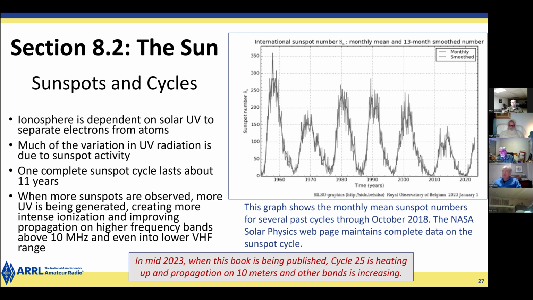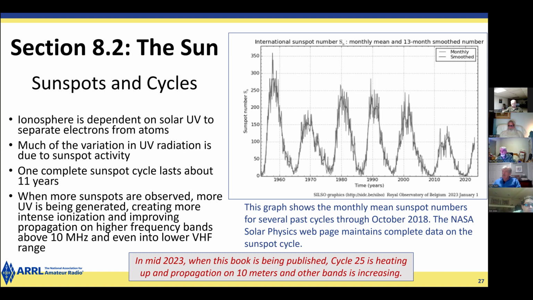Much of the variation in the radiation that reaches Earth relates to sunspot activity, but what we're really talking about is that the sun is this huge fusion reactor that converts hydrogen to helium, and it radiates at a whole variety of frequencies or wavelengths ranging from far infrared to far ultraviolet and even X-rays.